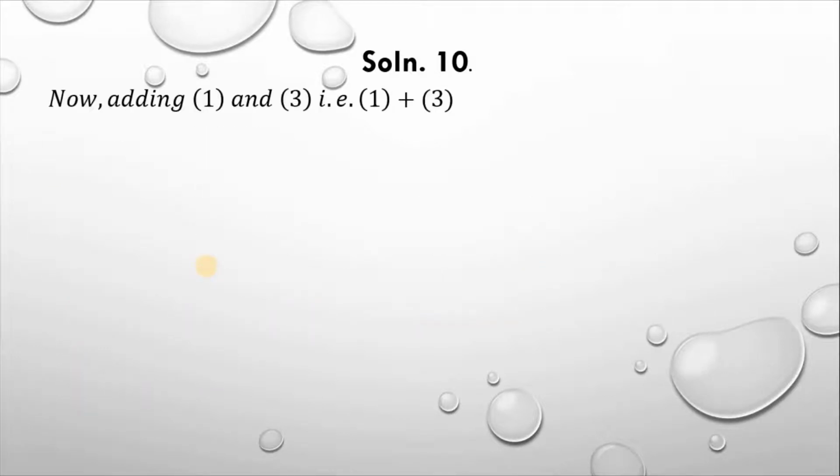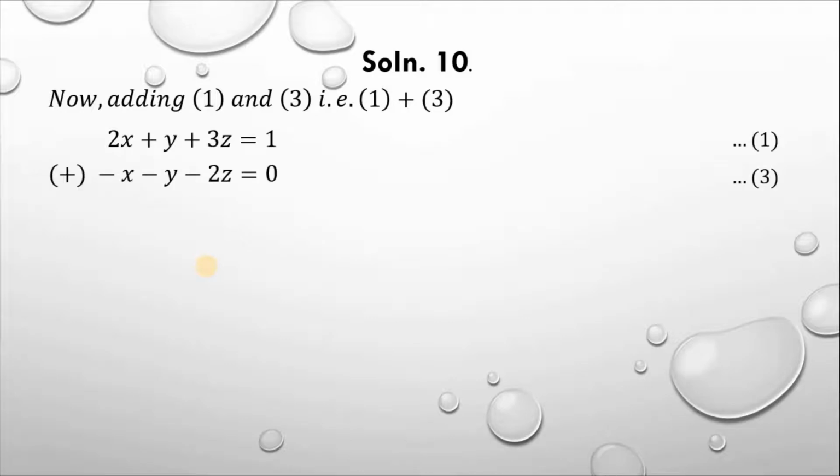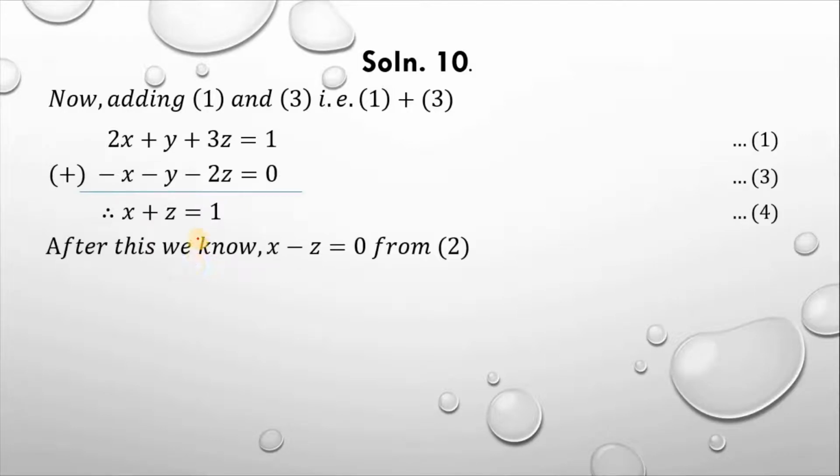Now I'm going ahead and adding equation 1 and 3. This is your equation 1 and this is your equation 3, right? So adding them both, you'll get x plus z as 1, and I'm giving this as equation number 4. Now we know that x minus z is 0 from equation 2.